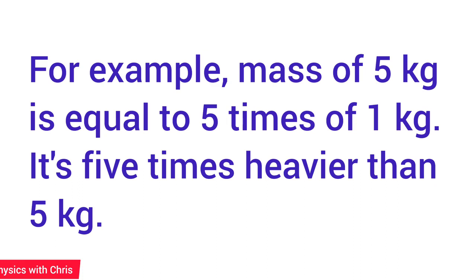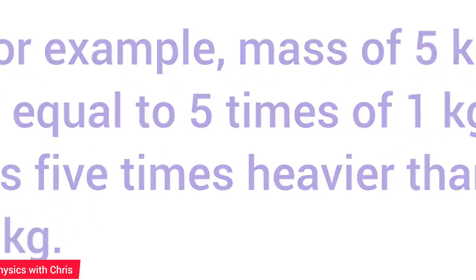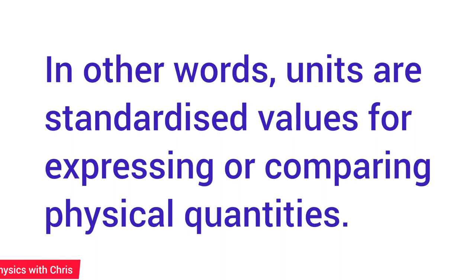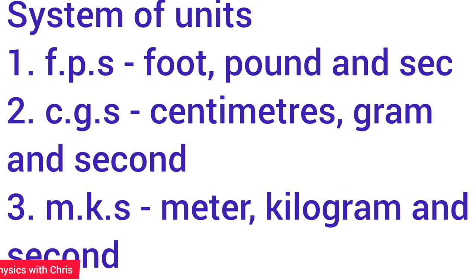So 5 kilograms is 5 times greater than the unit used to define the mass of a body in the SI unit system, which is the kilogram. In other words, units are standardized values that are used for expressing or comparing physical quantities. We say it's a standard for measuring the same kind of physical quantity.